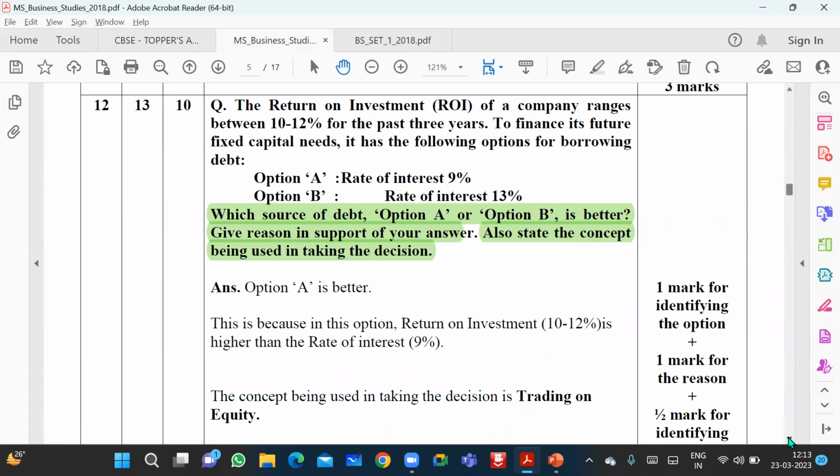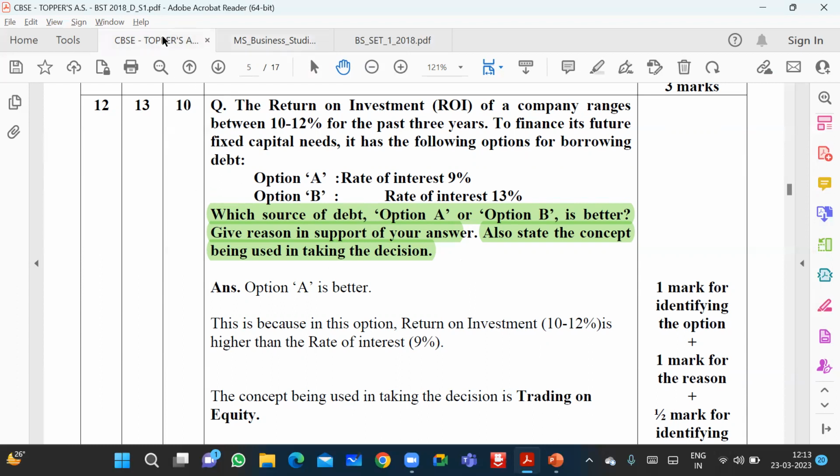Question number 3 is, also state the concept that is being used in taking the decision. Whenever funds are raised through the debt component and ROI is more than the rate of interest, the benefit goes to the equity shareholders, as their earning per share tends to increase. So the concept involved in this case is basically trading on equity. If you write these three answers, you will get 1 mark for each answer.